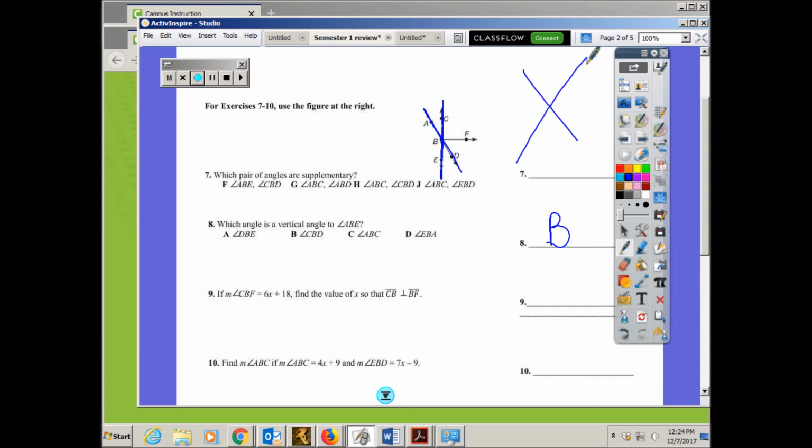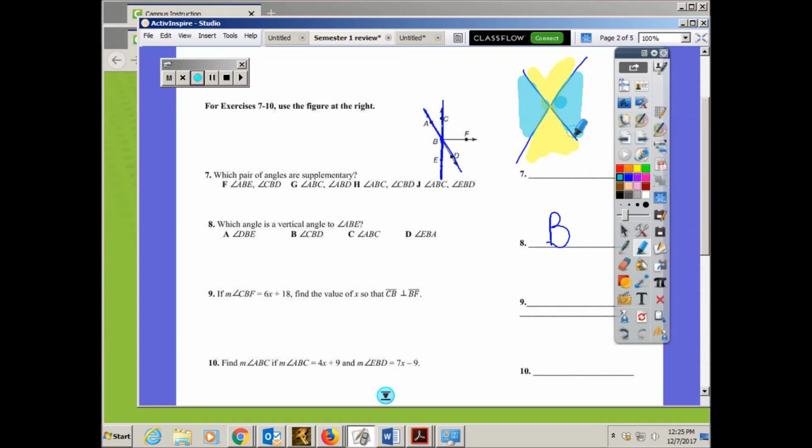So if I have 2 lines that intersect, let me highlight, this will work better. Those yellow angles are one set of vertical angles. And the blue set is another set of vertical angles. And I know that you guys have a hard time with this. One of the proofs on the Chapter 4 test was proving triangle congruence, and there was a pair of vertical angles there.